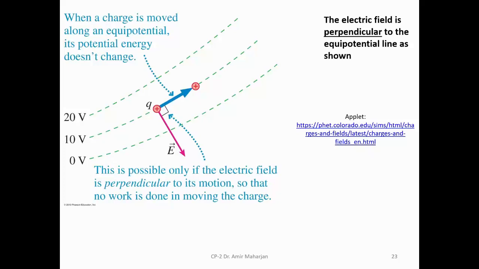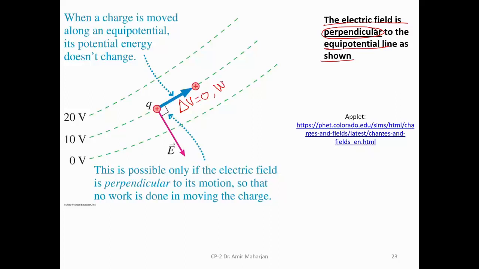And one more thing: the electric field vector must always be perpendicular to the equipotential line at any point. Why? Here's the reason. Here you are shown 3 equipotential lines: 0-volt line, 10-volt line, and 20-volt line. Suppose you move a test charged particle Q from one point to another along the same equipotential line. Since there's no potential difference between any 2 points along the equipotential line, delta V will be 0.